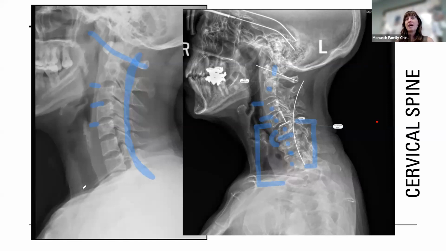If we're not moving our spine in a healthy way on a regular basis, on a daily basis, then our spine is moving towards more stress.